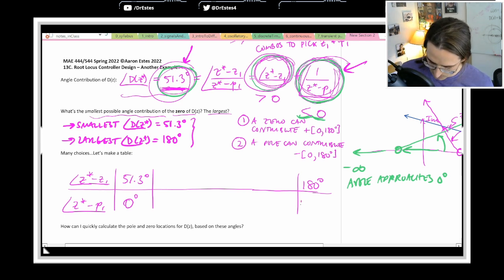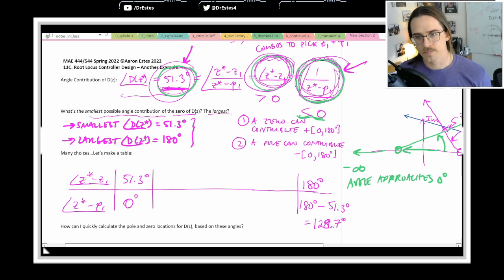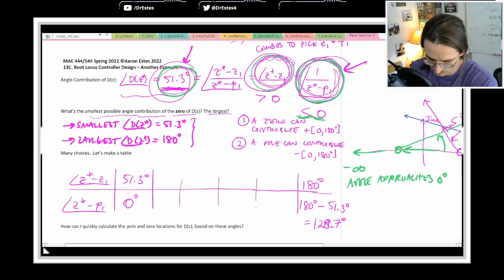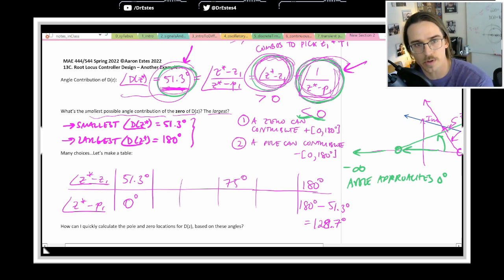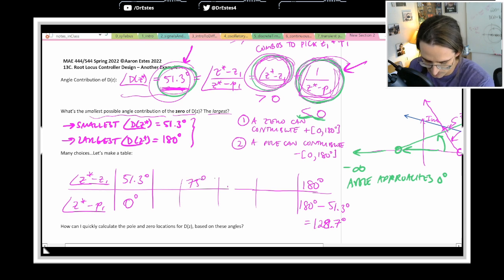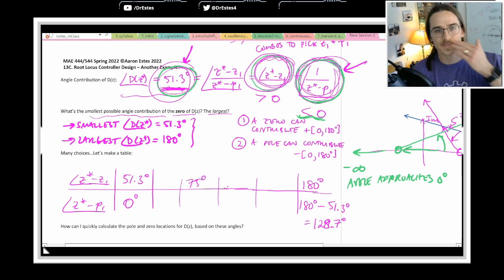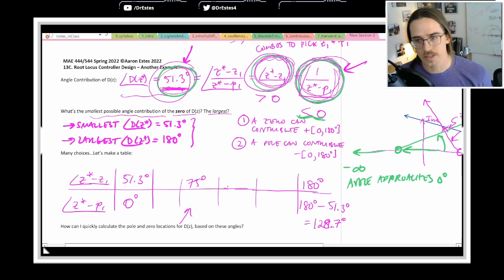And in this case, it's 180 degrees minus 51.3 degrees, which is 128.7. And then in between, we can have a bunch of different possible angles from the 0. Let's say like 75 degrees is somewhere in the middle, or actually it's not really the middle. I don't know. But it's in between. And we could figure out what the angle of the pole needs to be. All right.